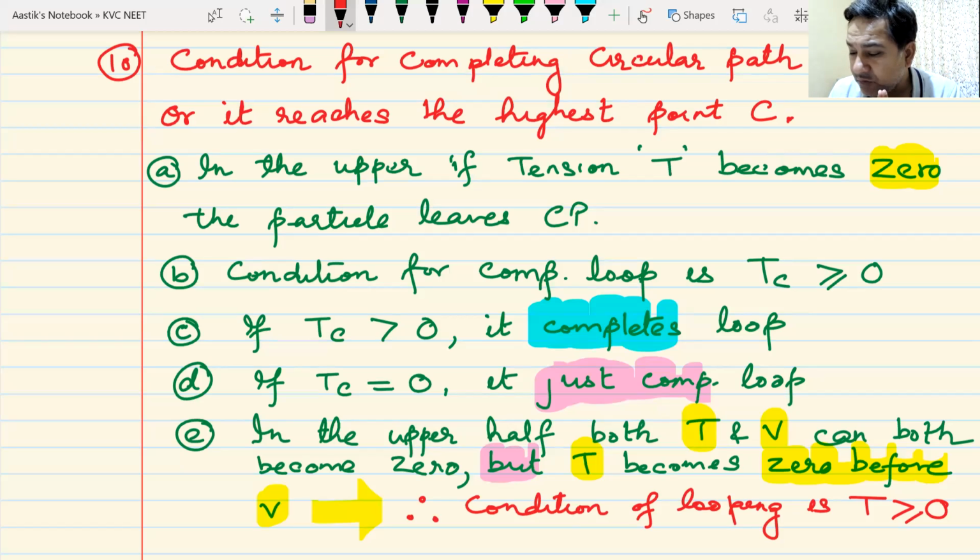What is the condition of looping? So the primary condition of looping, as you all can see, is tension at the highest point should be greater than or equal to zero. But if you recollect, what we were doing was relating everything with the speed at the lowest point.